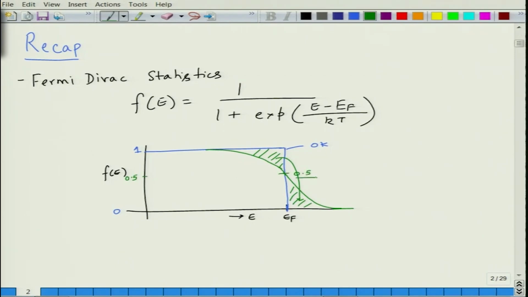So basically at temperature greater than 0 Kelvin, the energy levels in the vicinity of EF, just below EF, lose their electrons, which get thermal energy. So these are the electrons which are present here, they get excited by thermal energy. So basically thermal energy moves them from here to here.